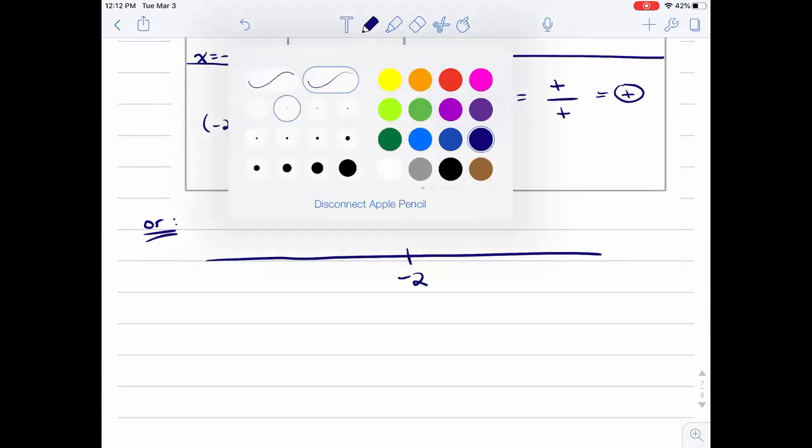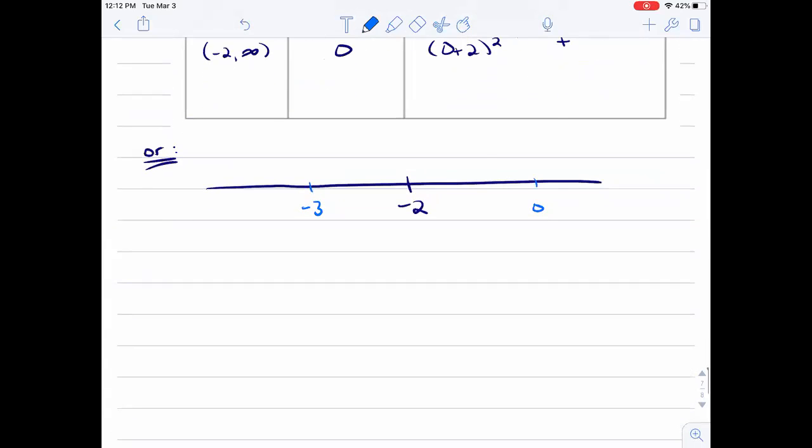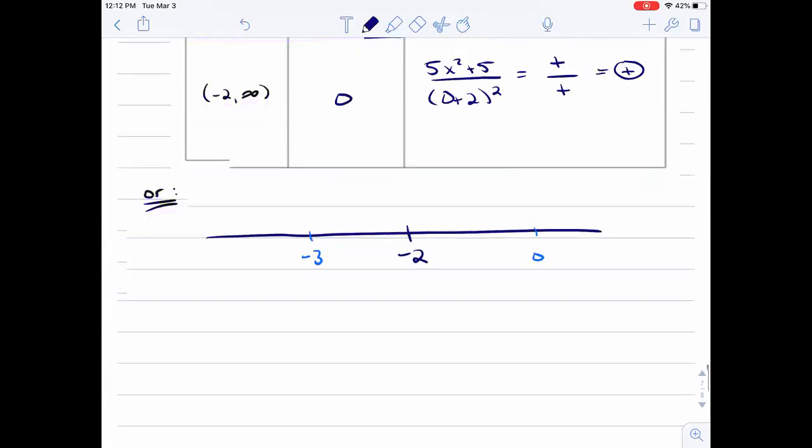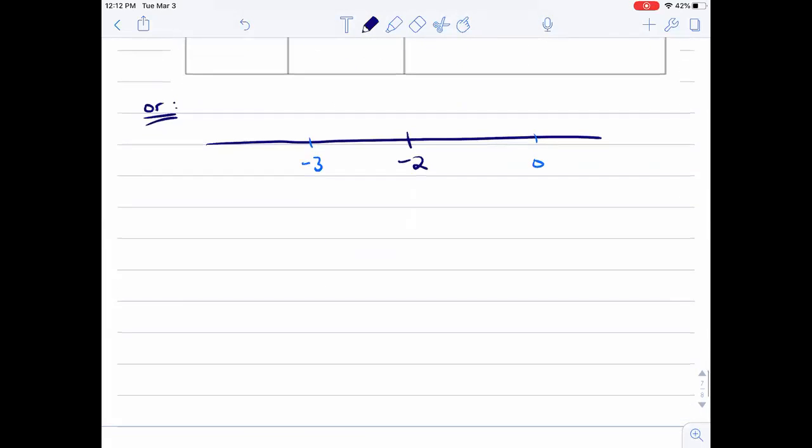I pick test points, -3 and 0, and I can use the sign test: a positive over a positive is a positive value, on both sides.